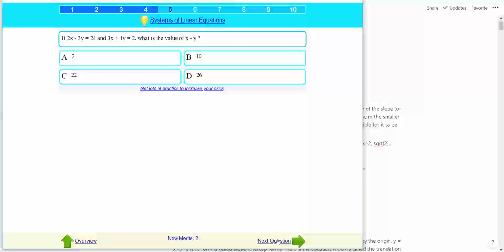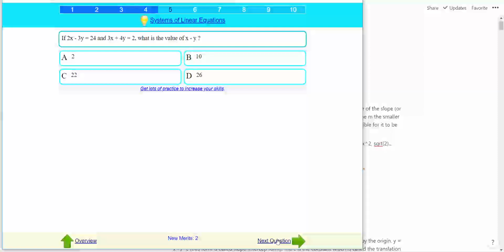We have 2x minus 3y equal to 24. And for the second equation, we have 3x plus 4y, which equals 2, right? And then what we need to do is get the value of x. Now, we could eliminate any one of them, but we could multiply the first equation by 3 and the second equation by 2.